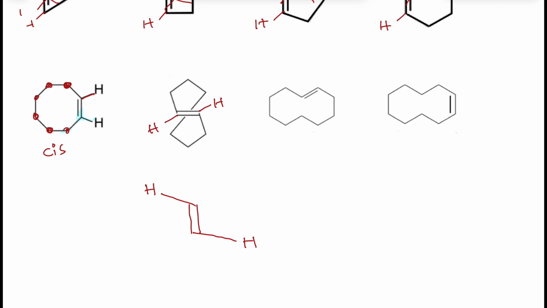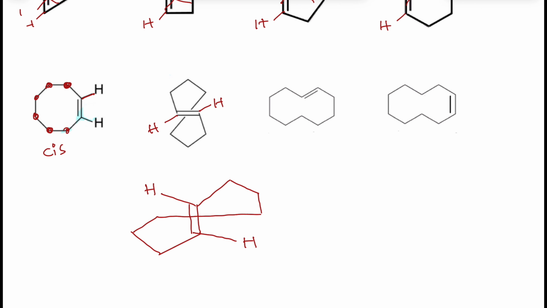8 minus 2, that is 6 carbon atoms. So this is 1, 2 and 3. Even here 1, 2 and 3. Now the size of the ring is larger and it can exist in trans configuration also.